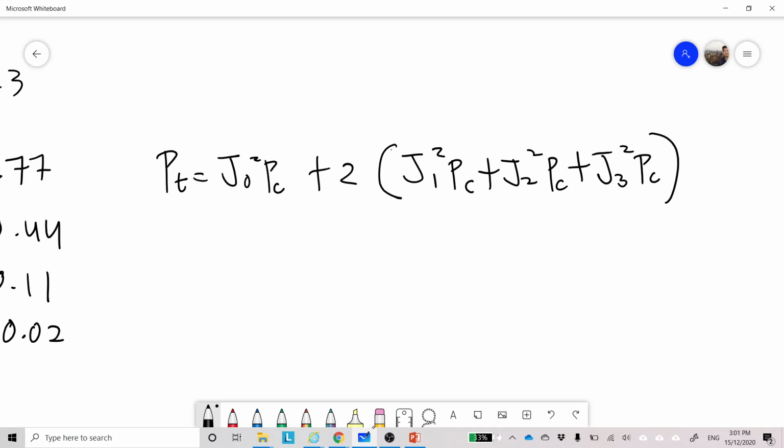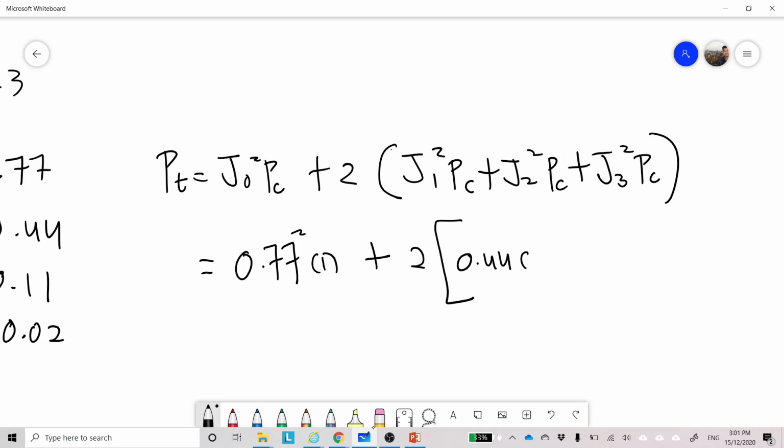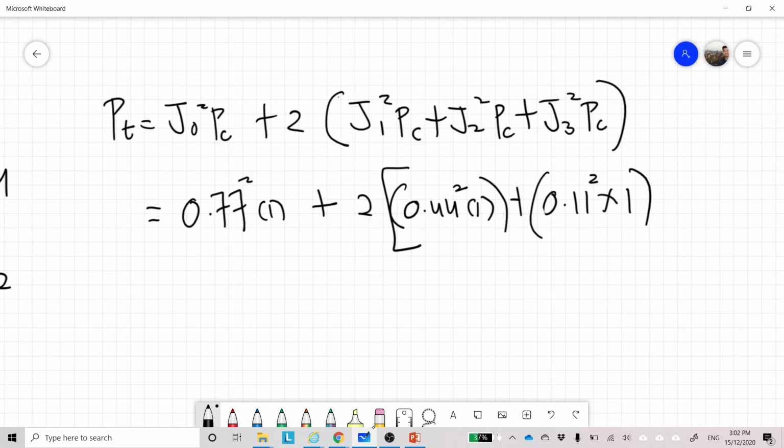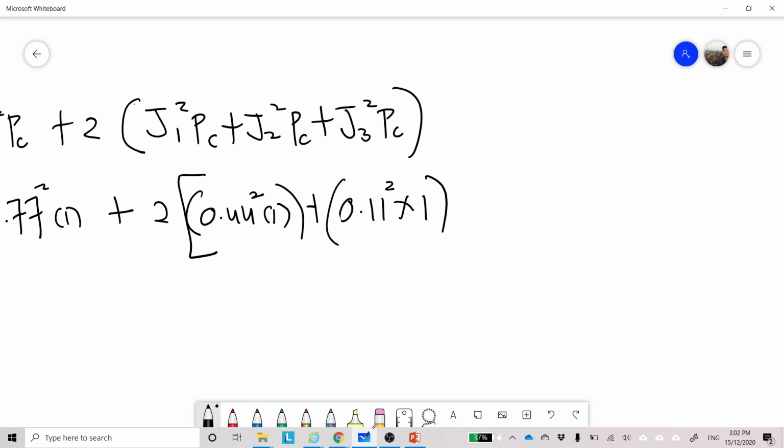Okay. So ini bersamaan dengan 0.77 kuasa 2 PC 1 tambahkan dengan 2 0.44 PC adalah 1 tambahkan dengan 0.11 0.02 square. So ini aja, saya padam dia.